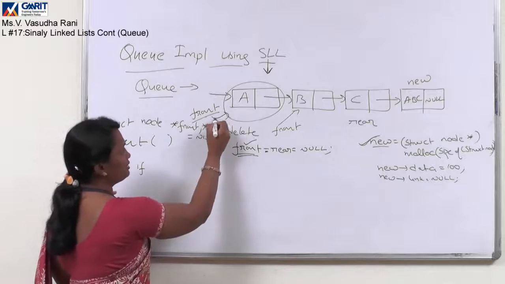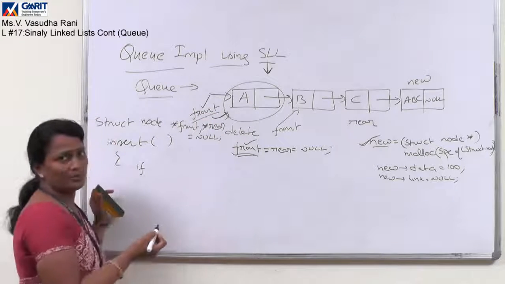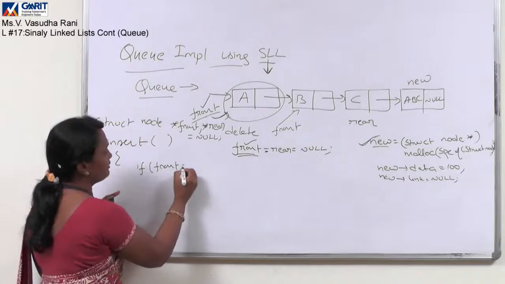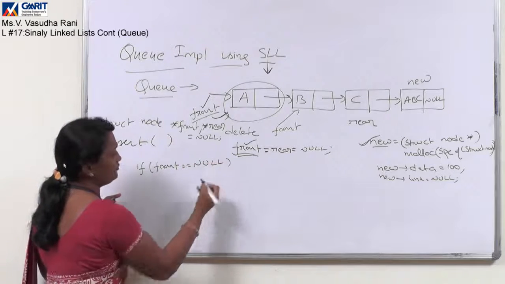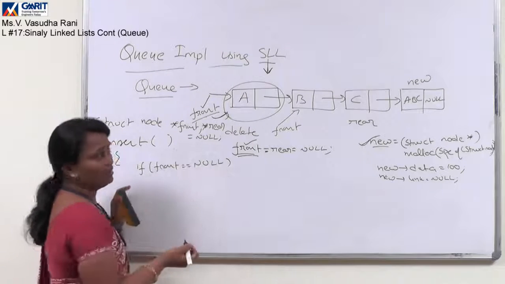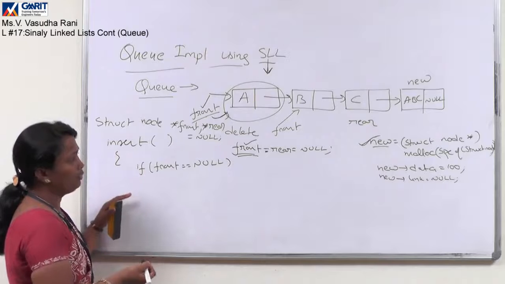In a similar fashion here, instead of start we directly use the front pointer. If front equal to null, we can say that your list is empty, there are no nodes.